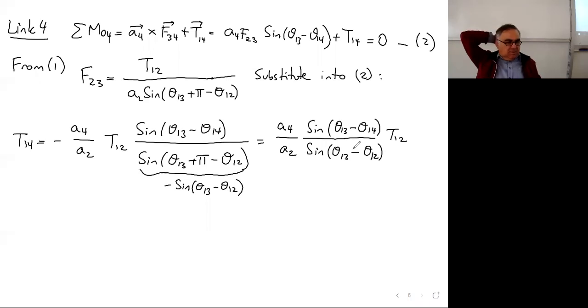This is a nice and clean expression. And it looks similar to the expression we had for velocities, I think.